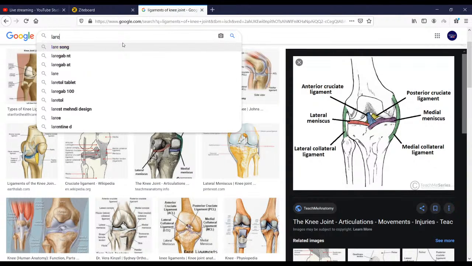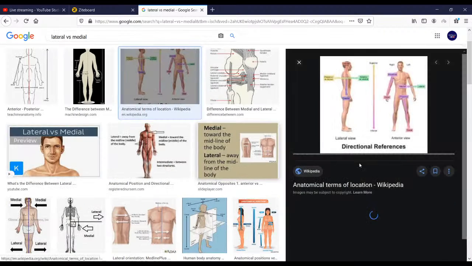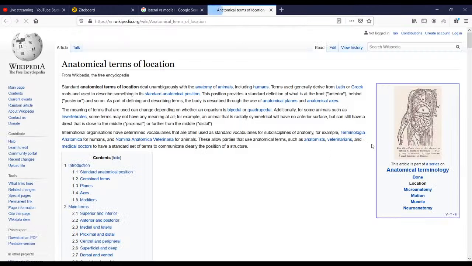In medical science, lateral versus medial, then it becomes very, very easy. See here, this is known as the directions of the human body. Lateral is going away, medial is coming this side.